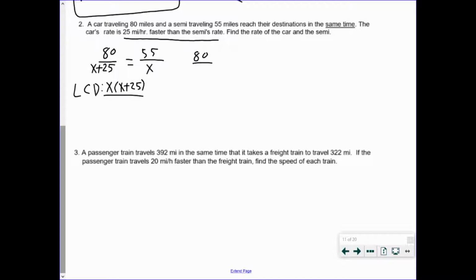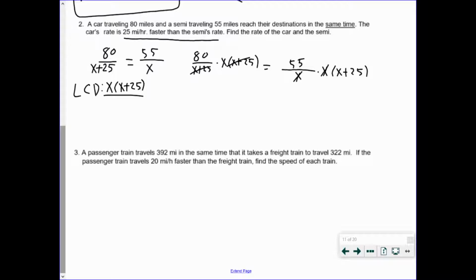So we have 80 all over x plus 25 times x plus 25, and that's going to equal 55 over x times x plus 25. And when we multiply any fraction with the LCD, we're going to get rid of the denominator. The x plus 25's cancel out.